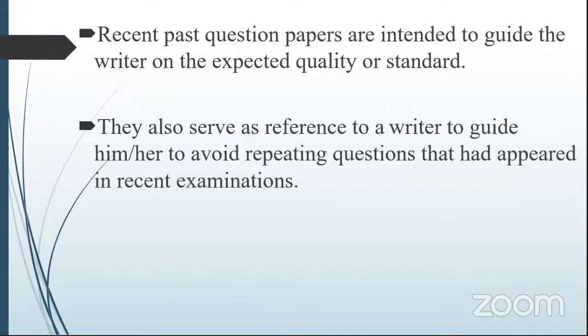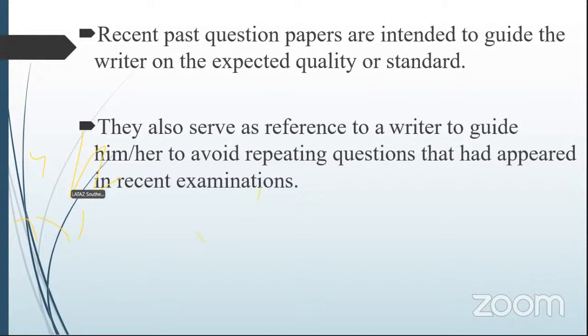Recent past papers are intended to guide the writer on the expected quality or standard. They also serve as reference to a writer to guide him or her to avoid repeating questions that had appeared in recent examination paper.